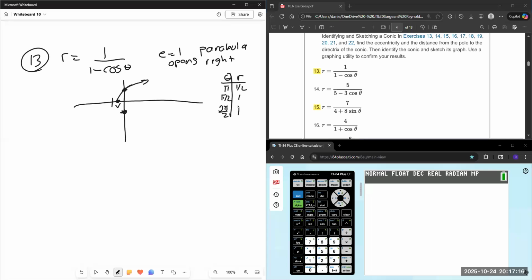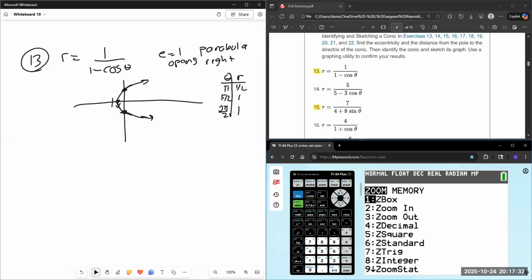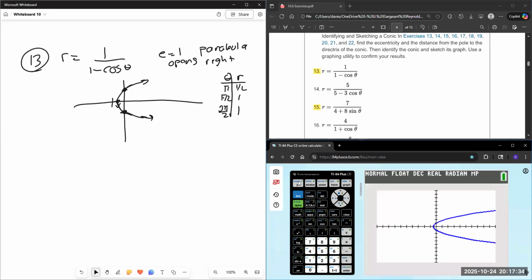And my parabola opens to the right here. I'm going to go ahead and let my calculator graph that as well. So I have 1 divided by parentheses 1 minus cosine theta, close parentheses for the denominator, zoom 6, and you can see that parabola with a vertex at negative 1/2, 0, opening to the right there. It passes through 0, 1, and 0, negative 1.